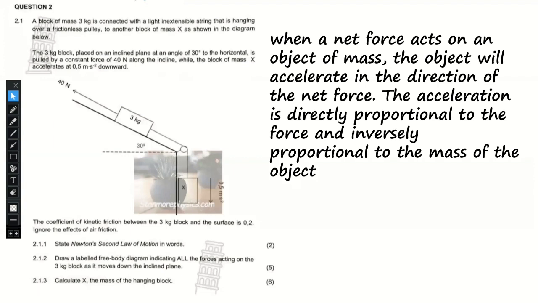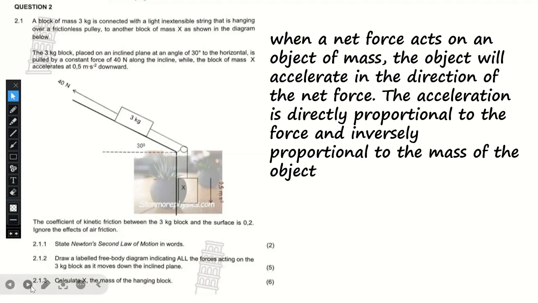So there is our definition there. It says when a net force acts on an object of mass, the object will accelerate in the direction of the net force, where the acceleration is directly proportional to the force and inversely proportional to the mass of the object. Again, please make sure that you define it exactly as you see it there, right?